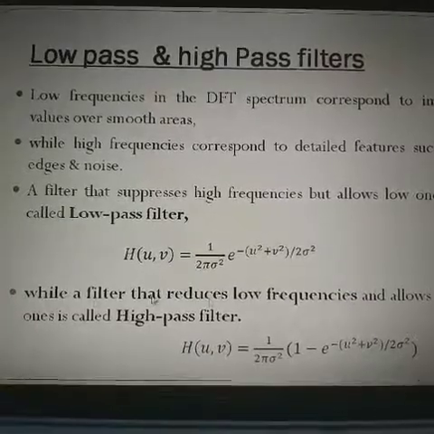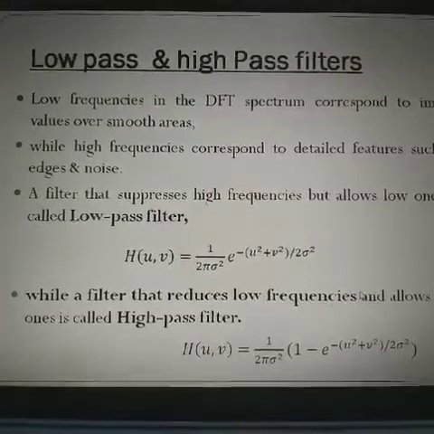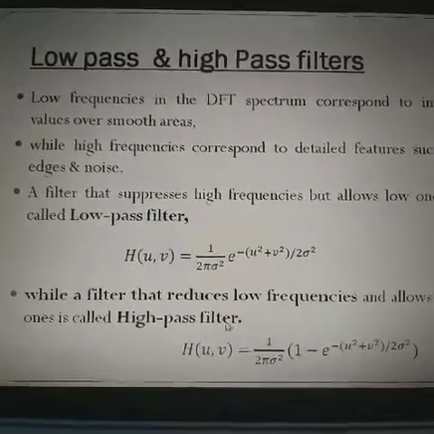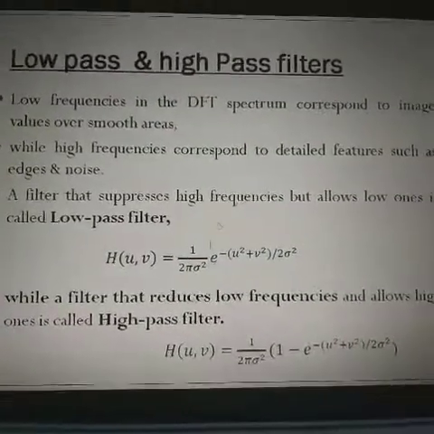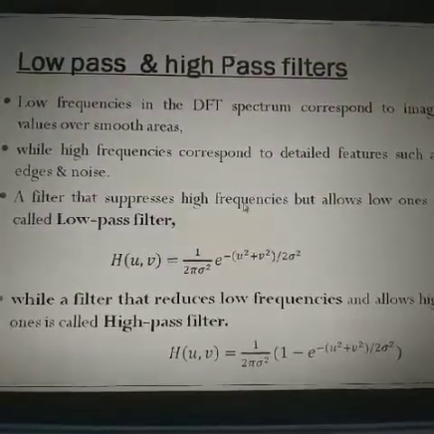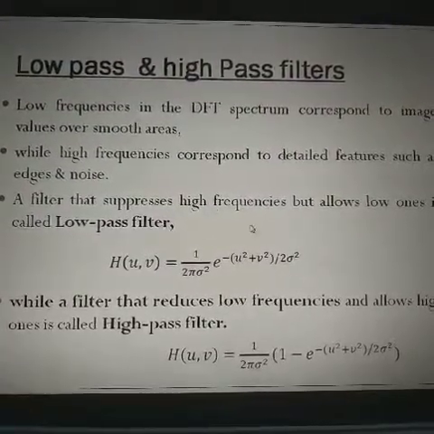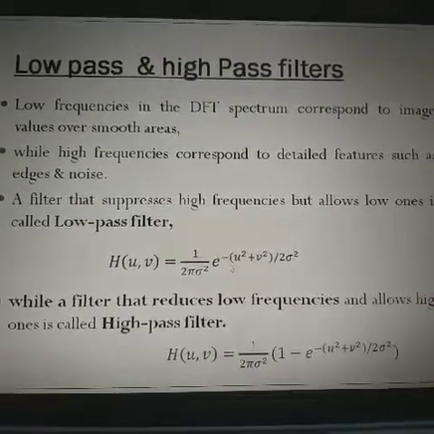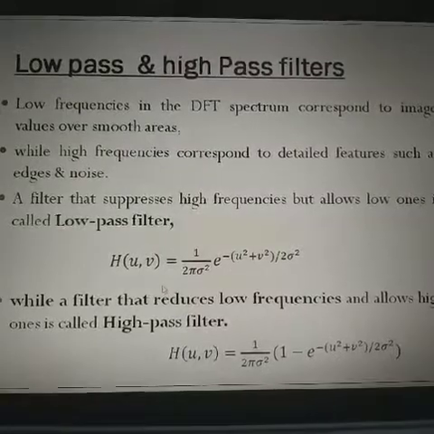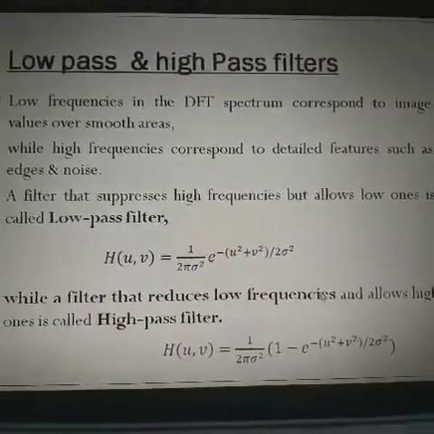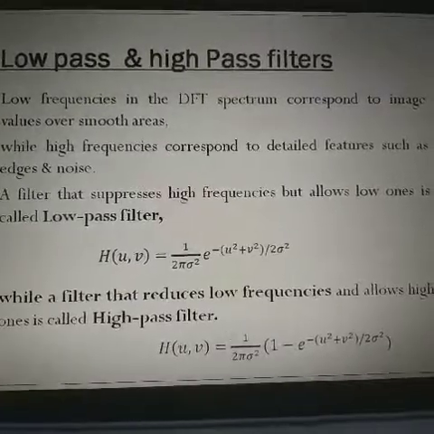A filter that reduces the low frequencies and allows the high ones is called the high pass filter. So in low pass, we ignore the high frequencies and use the lower frequencies, then apply the enhancement process. The high pass filter reduces the low frequencies and allows the high frequencies.